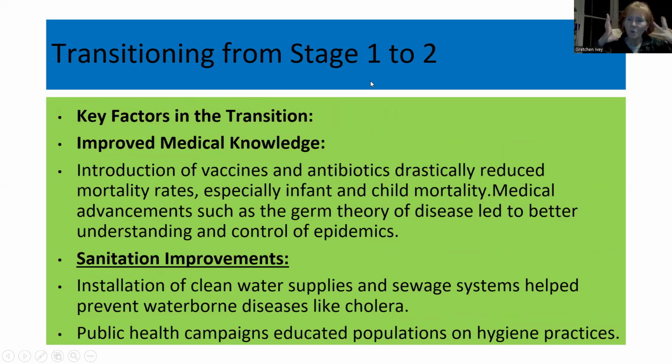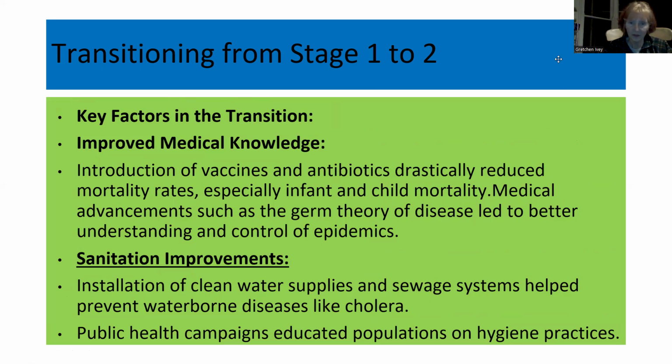Okay, so what happens to a country when it transitions out of stage 1 to stage 2? Now, most countries have done this, at least this. Okay, so the key factors in the transition: improved medical knowledge, introduction of vaccines and antibiotics drastically reduced infant mortality rates, especially infant and child mortality.